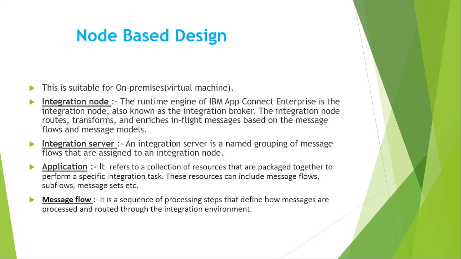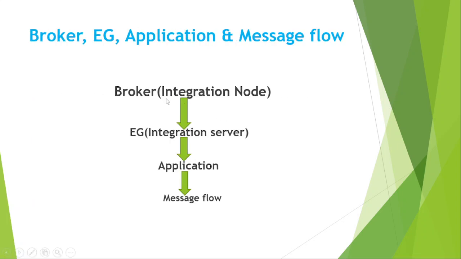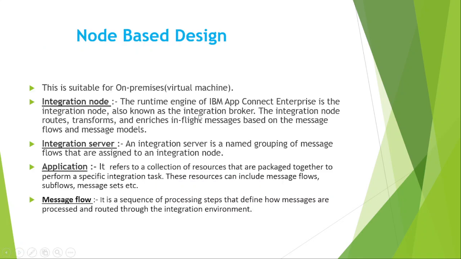Runtime means it has memory space, and the integration node is responsible for processing the message. All the processing happens under the integration node itself. It is also known as the integration broker.